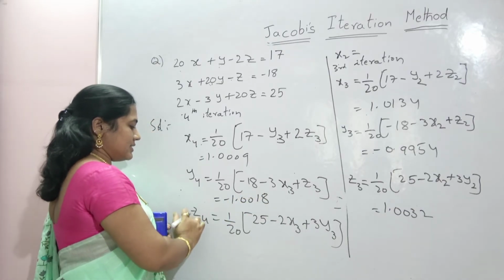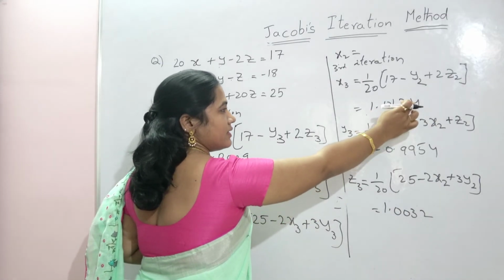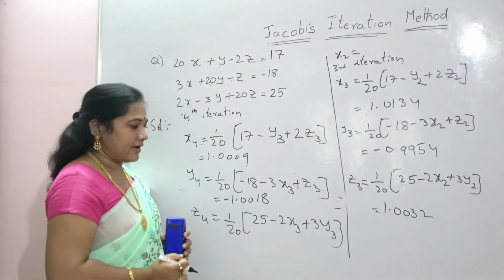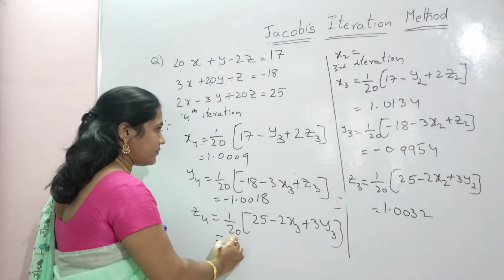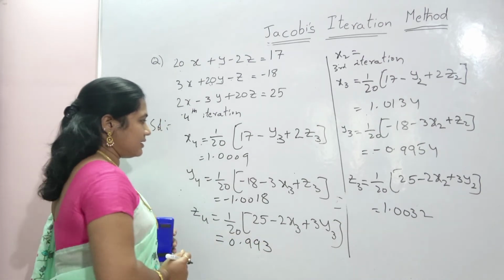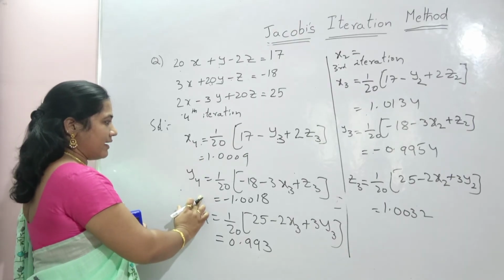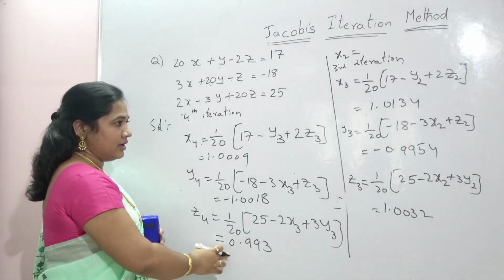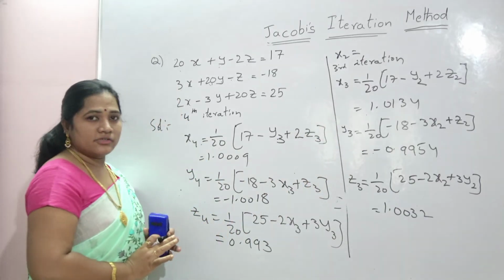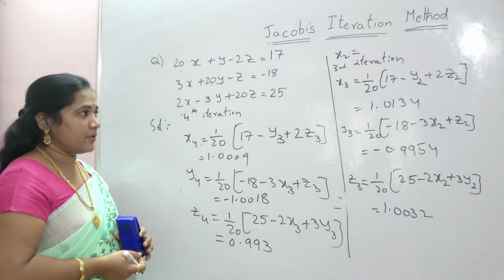And for z4, substitute x3 equals 1.0134 and y3 equals minus 0.9954. Then you will get 0.993. So these are the new values x4, y4 and z4, and compare x4 and x3 values. So those values are not same. So you can go for the next approximation.